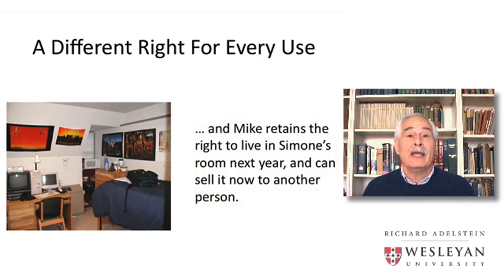And so, every property right to every use can also be divided, potentially infinitely, into the future. You can have the property right to do X in the room now, or you could have the different property right to do X in the room next year, and different people could hold this different property right at the same time.